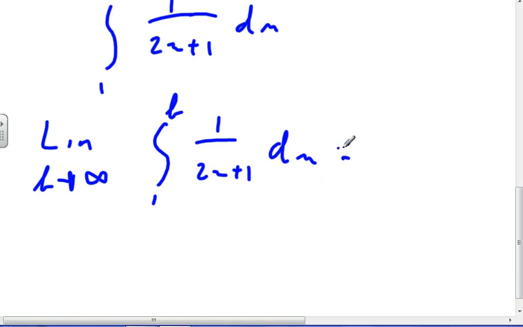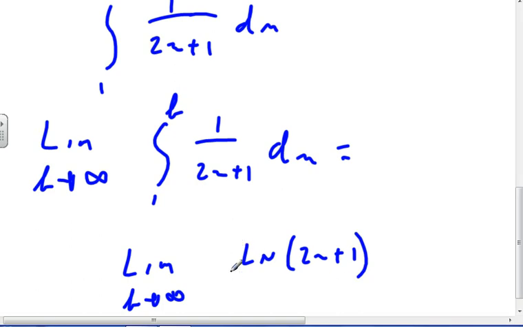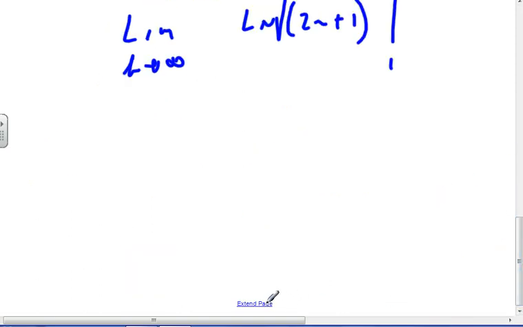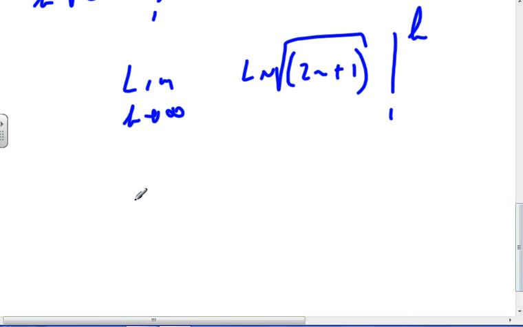Okay, so that's going to be limit b goes to infinity. What is that? That's the natural log of 2n plus 1 to the 1/2, which is the square root of that, evaluated at 1 and b. And then we take the, did I skip enough steps?